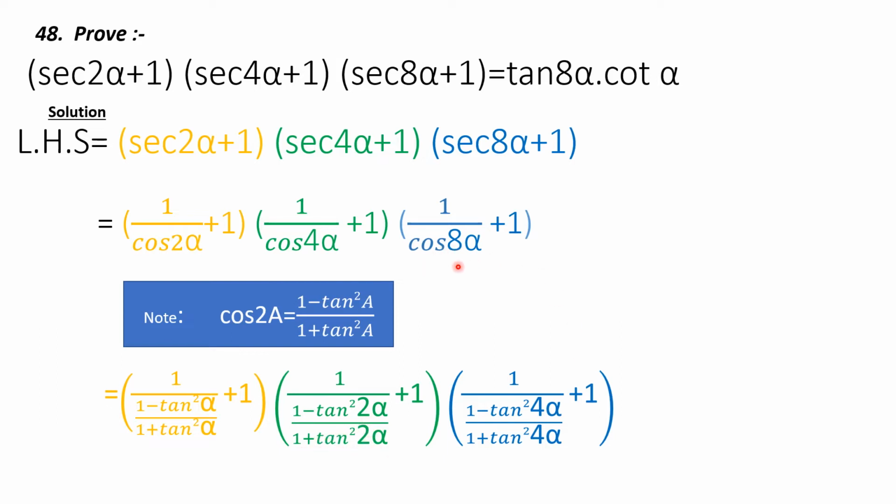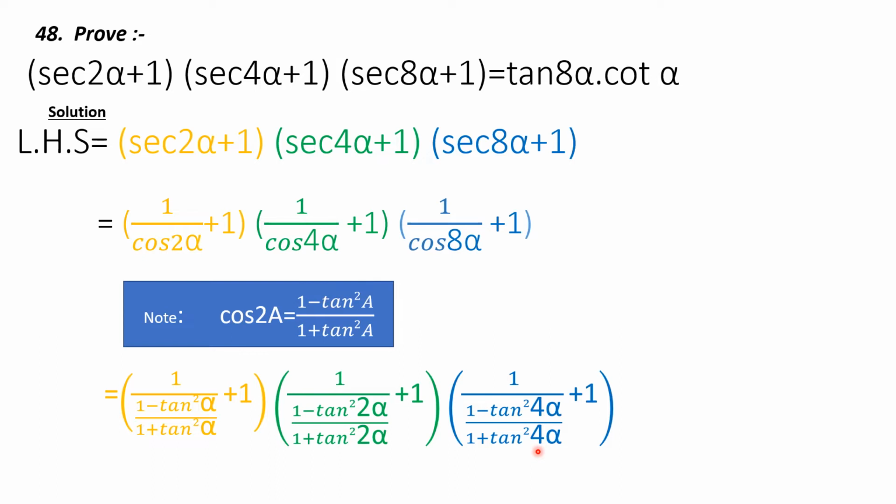Here is cos 8 alpha. Cos 8 alpha is cos 2 into 4 alpha. Let's assume 4 alpha as a. So we can write cos 8 alpha as 1 minus tan square 4 alpha over 1 plus tan square 4 alpha. I hope this is clear.